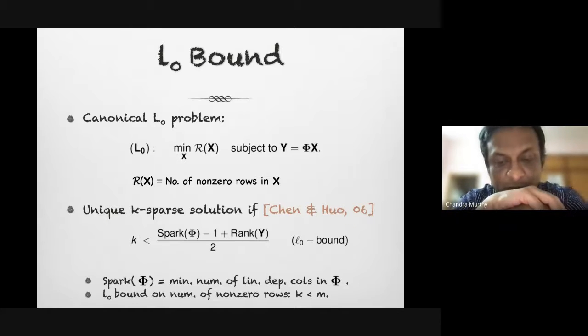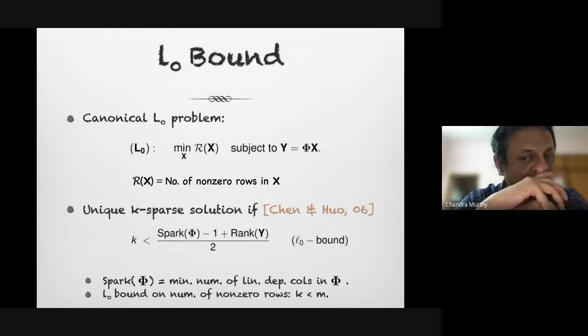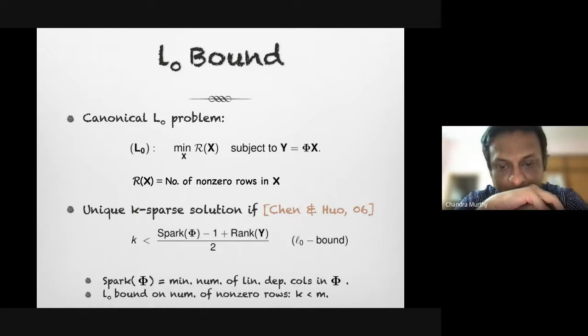So the bottommost line, k less than m, is the main point of this slide. In other words, the number of measurements per sparse vector must be greater than the number of non-zero entries in each column of this matrix X. K should be less than M.